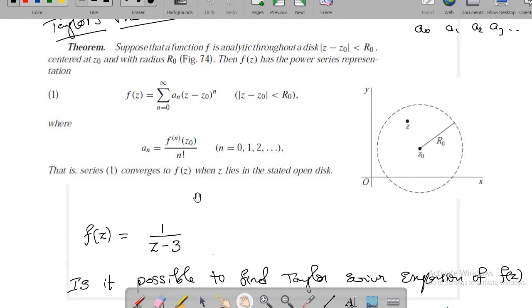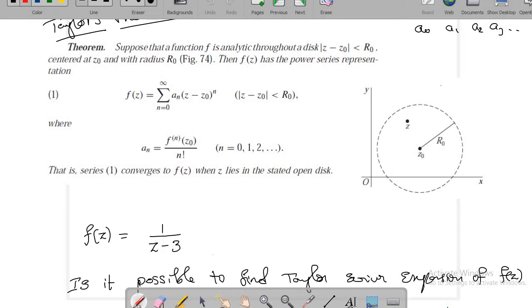If you want to construct a Taylor series expansion about a point, f must be analytic at that point, and you should find a neighborhood around that point in which the function is analytic, such that no singular point comes into that neighborhood. The maximum radius of that neighborhood is what we call the radius of convergence of the power series centered at z0.